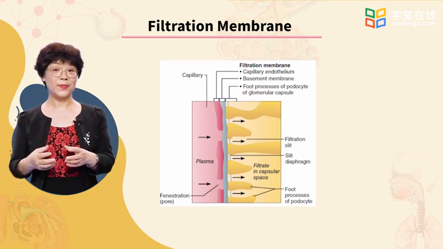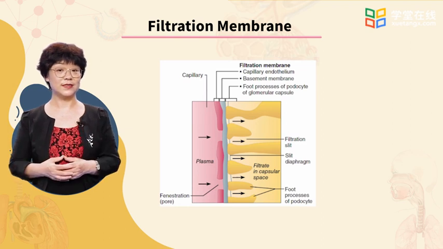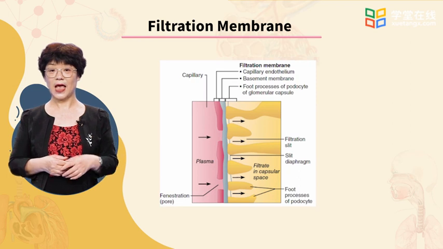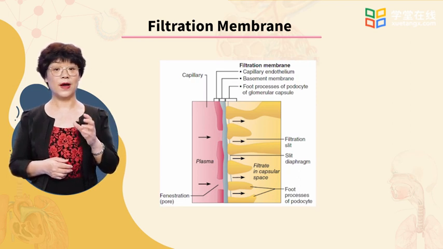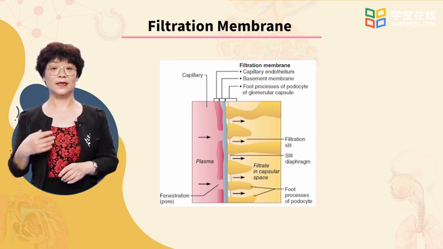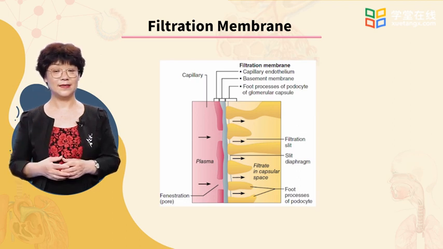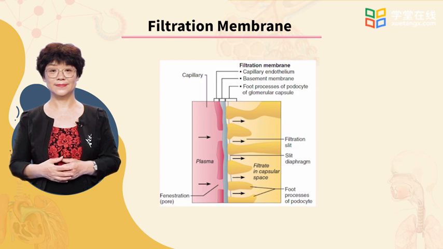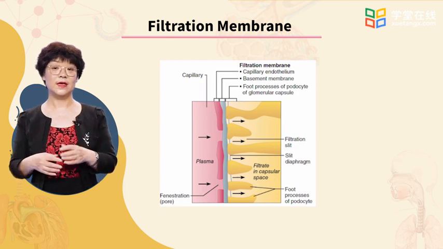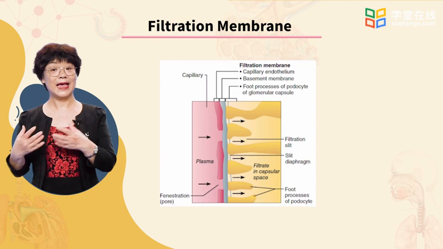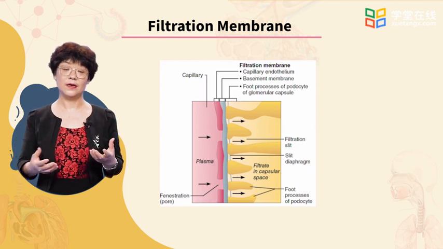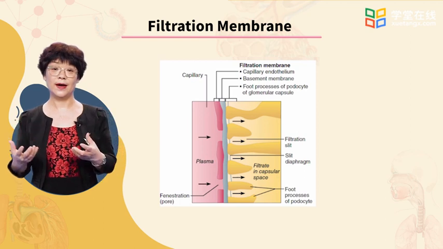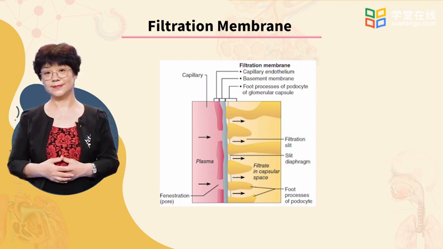Normally, albumin and other plasma proteins cannot go through this membrane. However, in certain glomerular diseases, like glomerulonephritis, the filtration membrane may be damaged. Plasma proteins and blood cells can then get out and appear in the urine, producing proteinuria and hematuria.